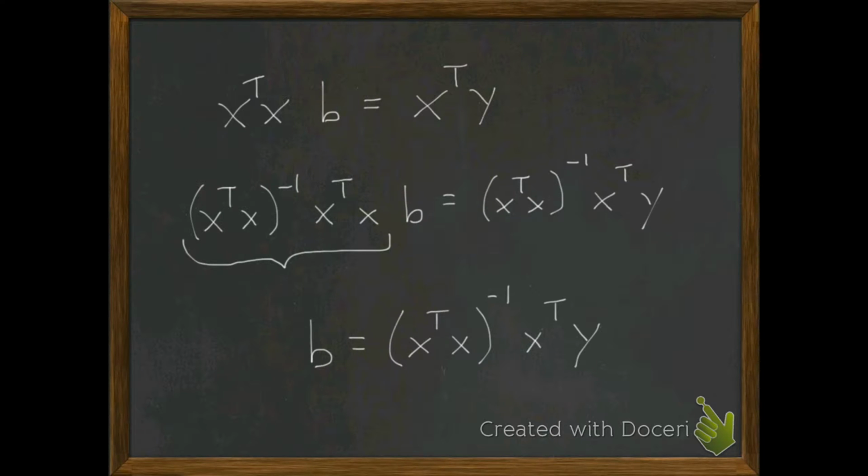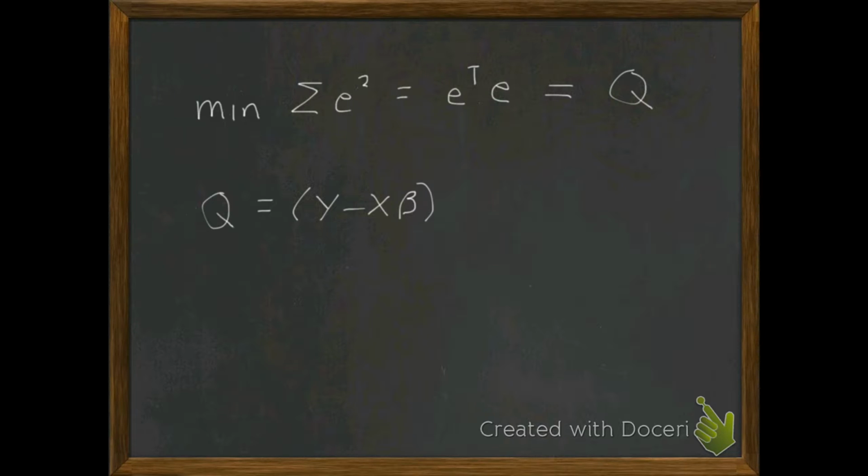So what I want to do is, at the end of the day, we want to minimize the sum of the errors squared, which we now know are just E transpose times E. And using notation that we've talked about earlier in least squares, I'm just going to call this Q. So guys, I'm going to call Q y minus x b transpose y minus x beta. And I want to expand this.